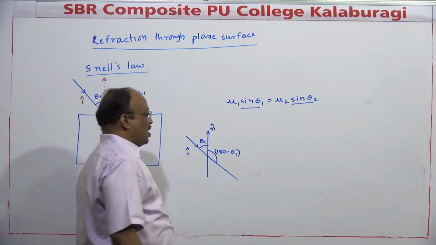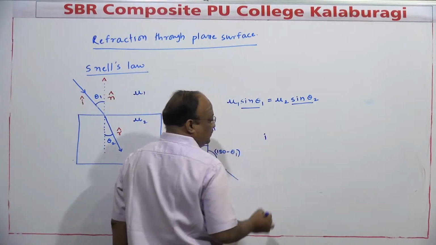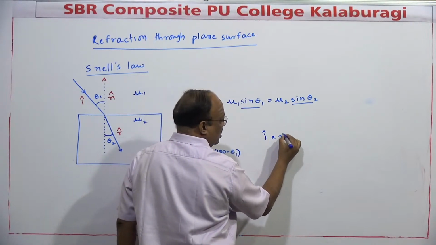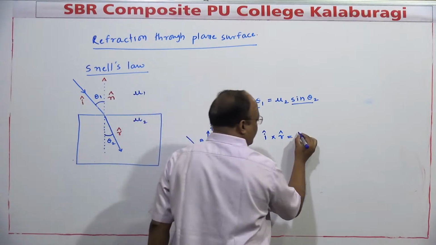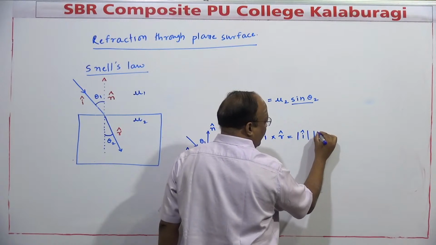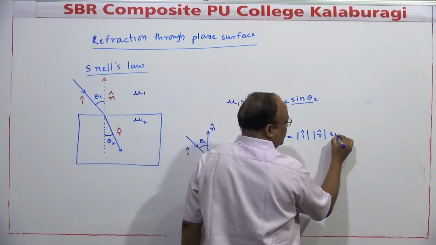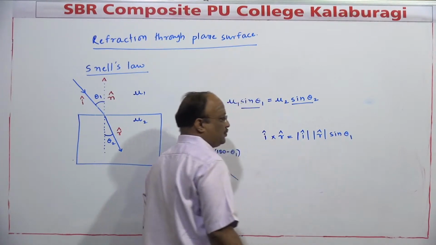Now I will write I cross R. What will it be? Magnitude of I cap, magnitude of R cap, sine theta 1.